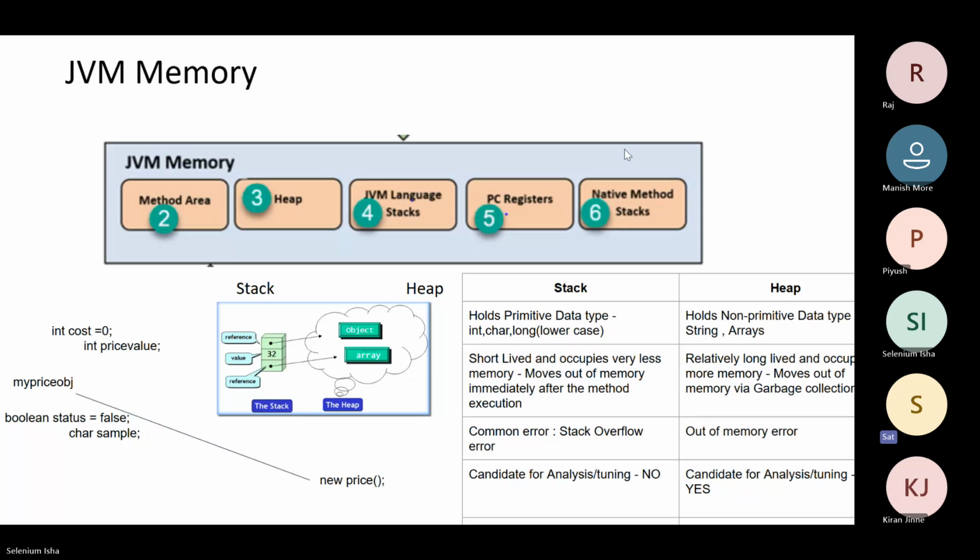Whatever gets stored in the stack will get deleted immediately. Whatever is stored in the heap will have to be removed by garbage collection. And for every string or object that gets created in the heap, there will be a reference or an address created in the stack.